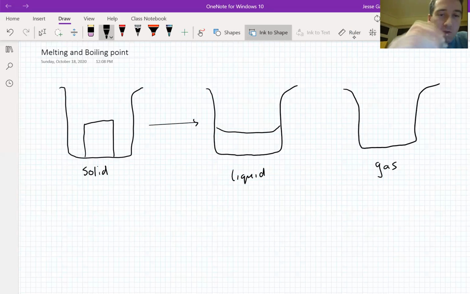Now when we add energy by heating, we add energy to what we call the thermal store of the substance. So we add energy by heating. And when we add enough energy, we can get the substance to turn from a solid to a liquid. Now, how do we get this substance to turn from a liquid to a gas?